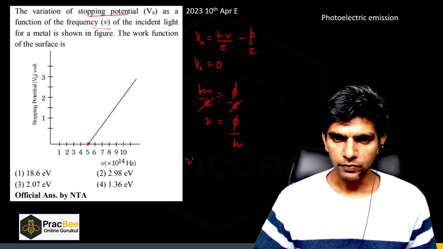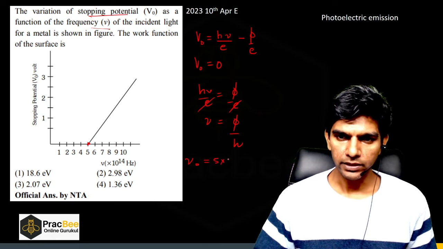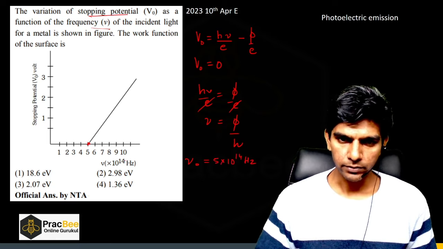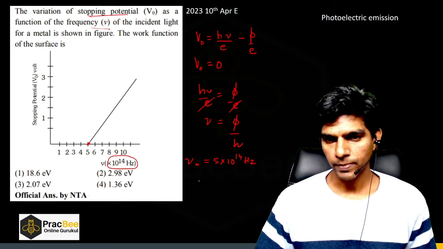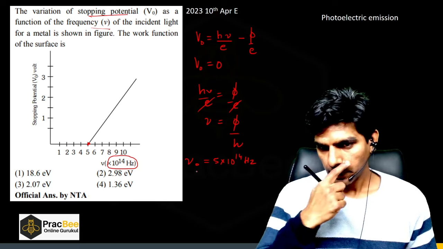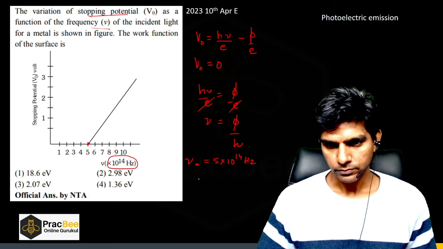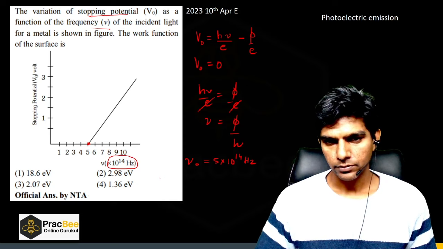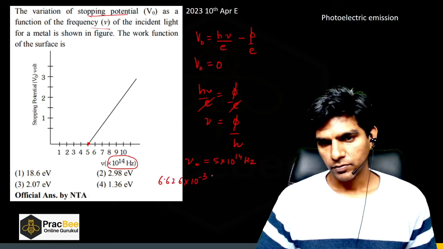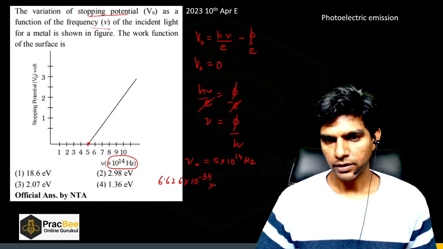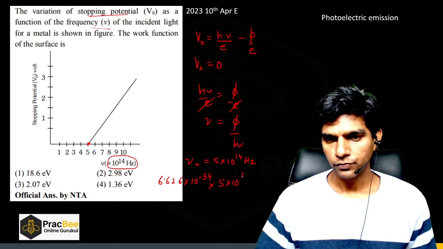So the threshold frequency is given to us, that will be 5 into 10 raised to power 14 hertz. Can you see? We have been given a multiplier that is 10 raised to power 14 hertz. So this is the threshold frequency. If I multiply this with h, so 6.626 into 10 raised to power minus 34 times 5 into 10 raised to power 14.